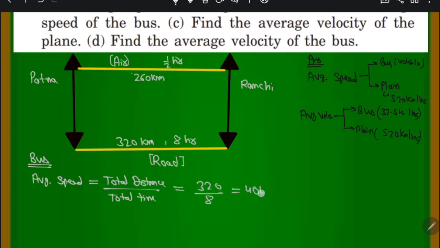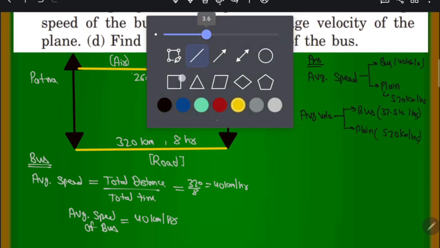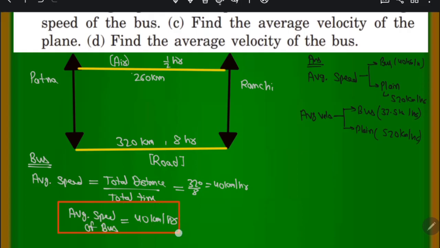So this comes out to be 40 kilometer per hour. So average speed of bus is basically 40 kilometer per hour.